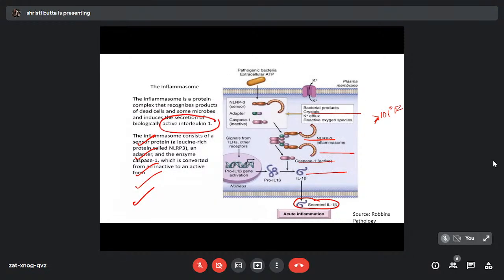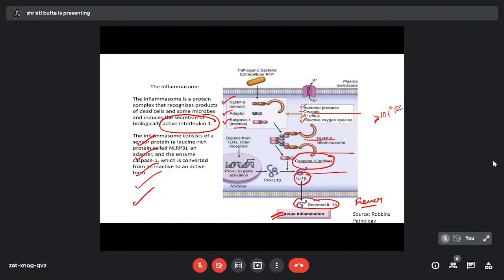We have three important components: NLRP3, adapter protein, and inactive caspase. This inactive caspase changes into active caspase. This active caspase produces interleukin 1 beta, which results in a fever and acute inflammation. This happens when bacterial products, crystals, potassium efflux, and reactive oxygen species activate this inflammasome.